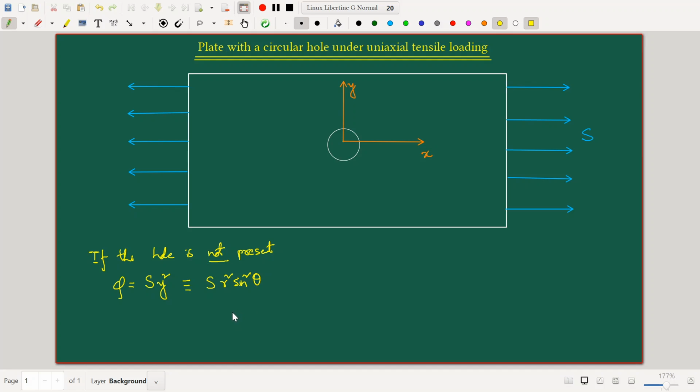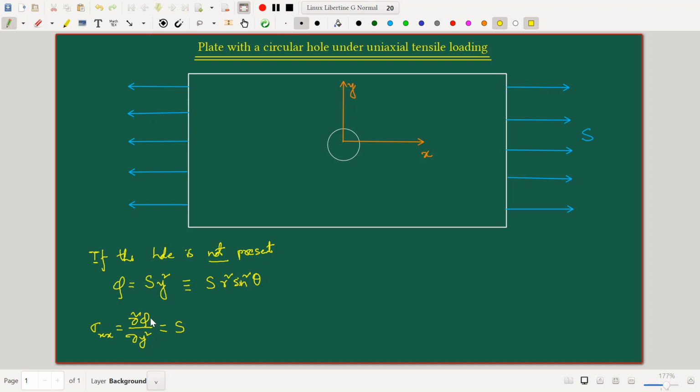All right. Now, please note that the motivation of writing it like this is to actually obtain the solution that sigma xx is equal to del square phi by del y square, which is equal to s.